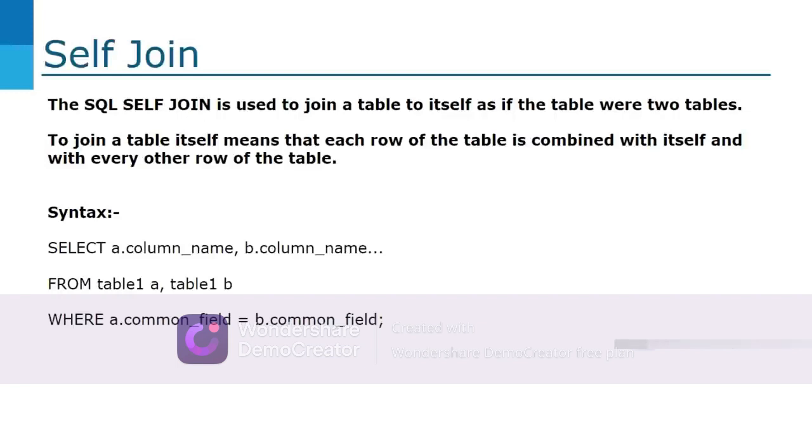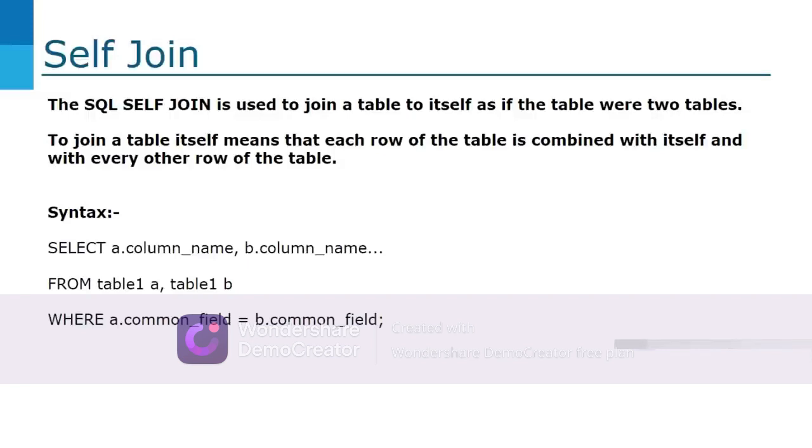If you look here, we are using only one table, which is table 1 in the syntax, but we have clearly said that it should be divided into two tables, table 1 A and table 1 B. Then from A table 1 we want the column name, and from B table 1 we want the same column name.